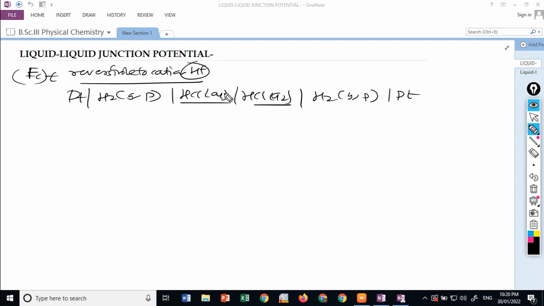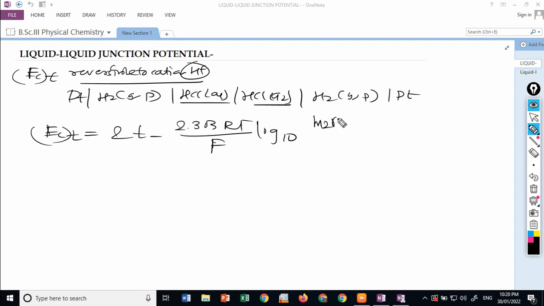The EMF of this cell can be given like this; we have seen the derivation in previous lectures. The EMF of the cell with transference is equal to 2t minus times 2.303 RT divided by F, because the number of electrons involved is 1, log to the base 10 of M2 gamma 2 divided by M1 gamma 1, molality and activity coefficient.